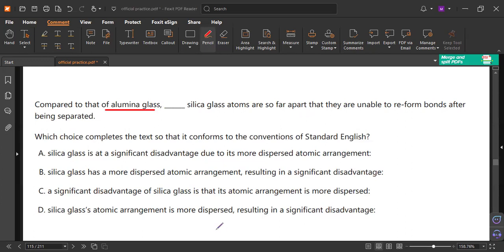That is silica glass? Silica glass again? The advantage? Or the atomic arrangement of the silica glass? It's D. So it's letter D. That's why, so read all of it and find what it means. All right, let's go for the next.